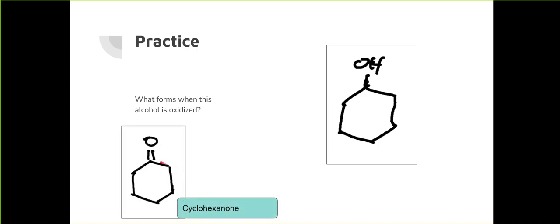Well, remember you can only have 4 bonds here, so you've got 1, 2, 3, 4. So this carbon can't have a hydrogen. And so this can't be an aldehyde. Got it. Thank you. Any other questions?